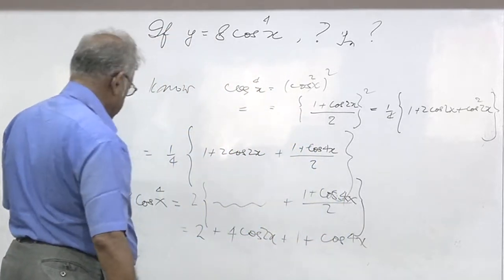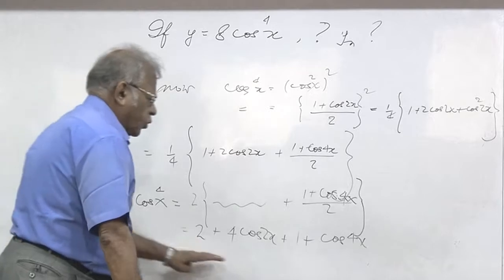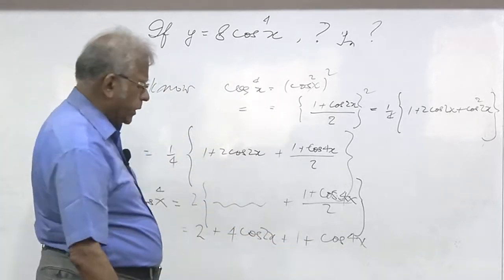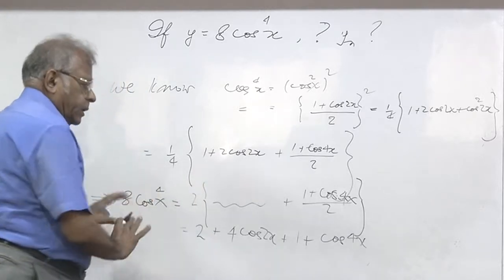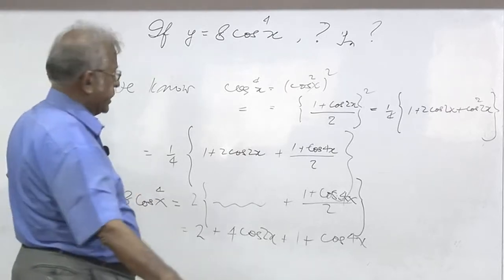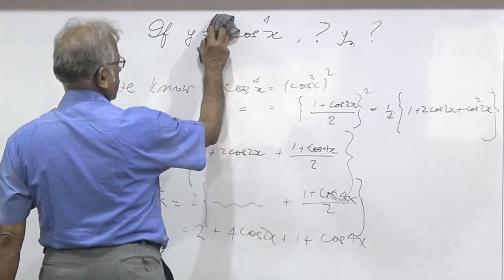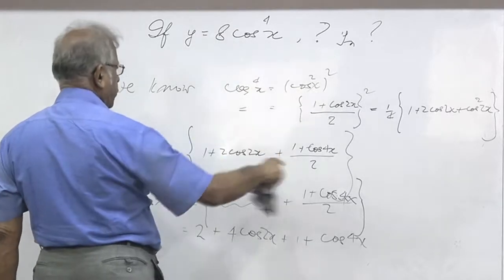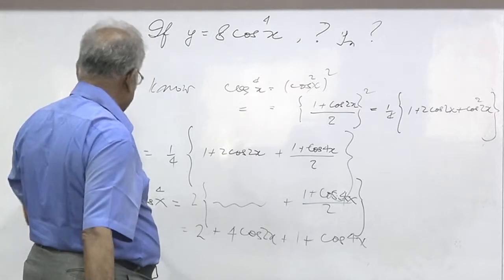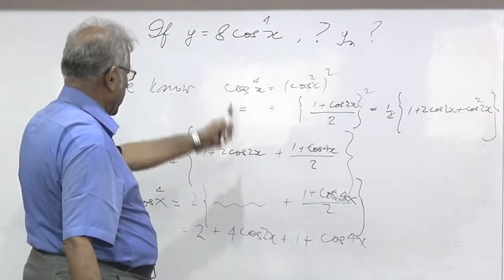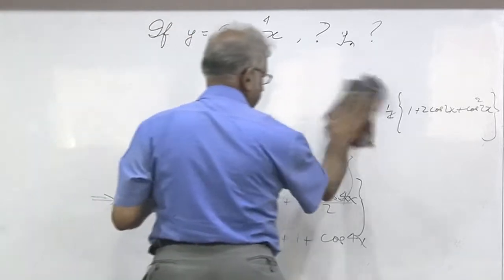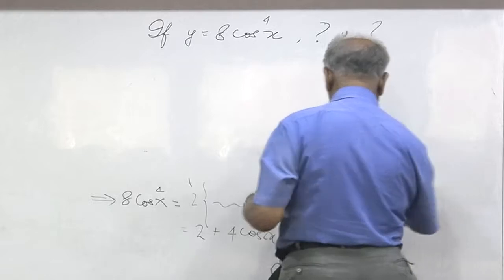So we see the presence of this 8 actually gives no fractions in the denominator, and that is a desirable thing. So the problem, this 8 has very purposely been invoked. Normally you might get this thing, if y is equal to just cos to the power of 4x, then you will have to carry out without the 8, and of course it is not very difficult. So we write down the result, this one, and rub out the middle part, then get the nth derivative.